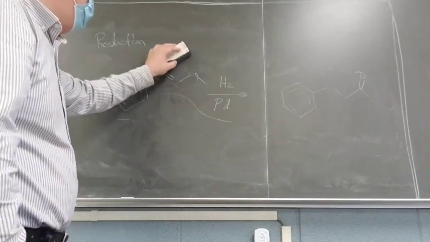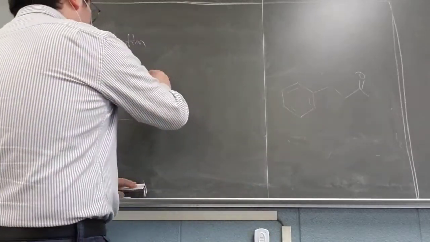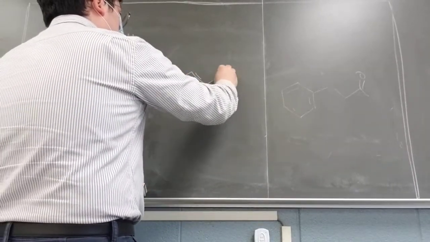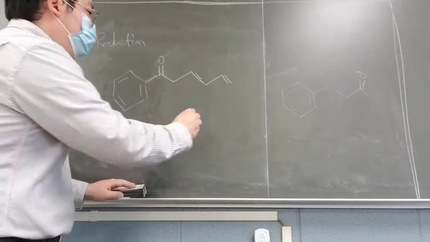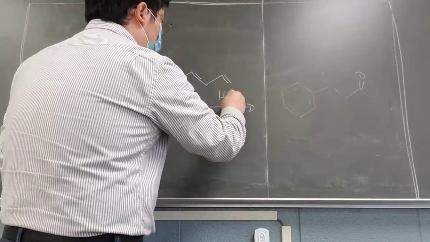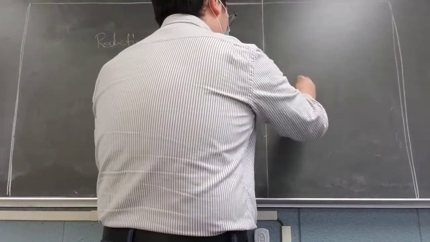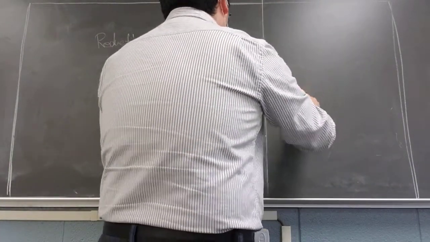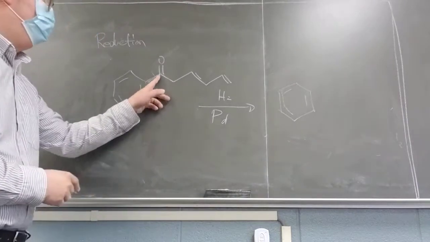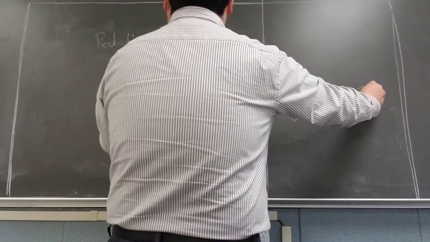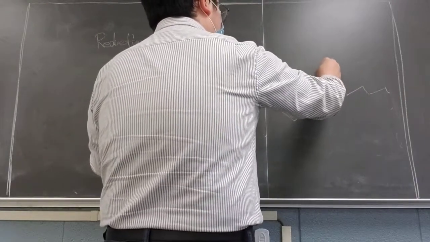Okay, can I do one more? So if I do this, what's the answer? If you do this, what will be the answer? This is on the carbonyl group, but also in the benzylic position, so it will be reduced.